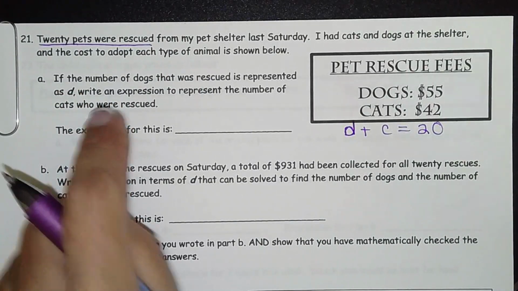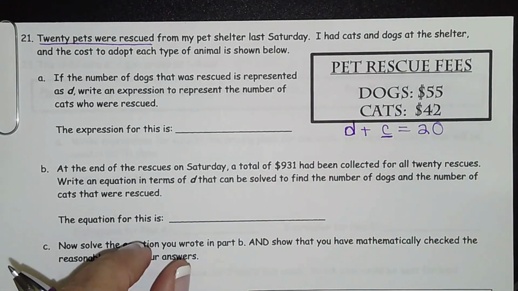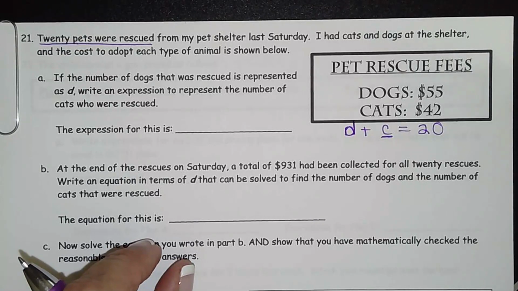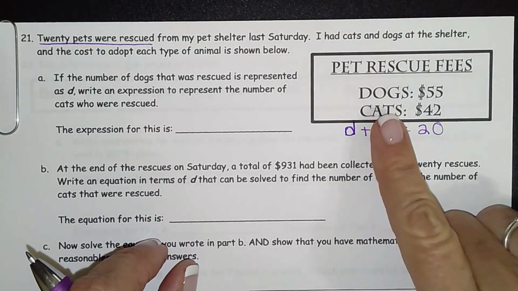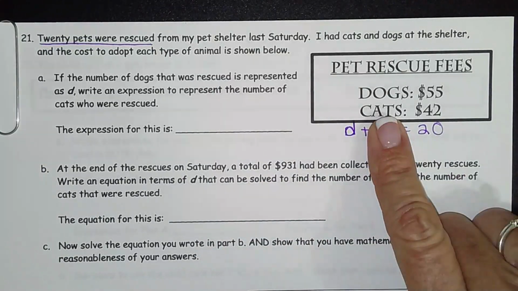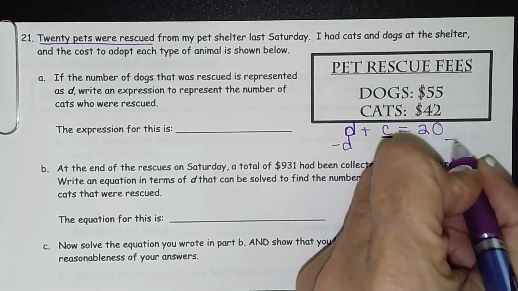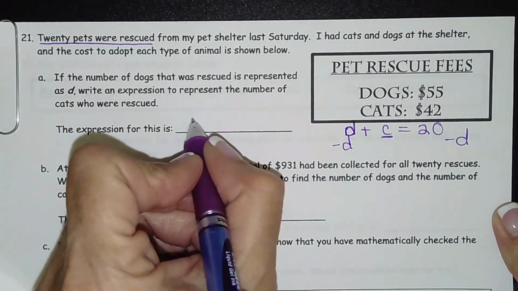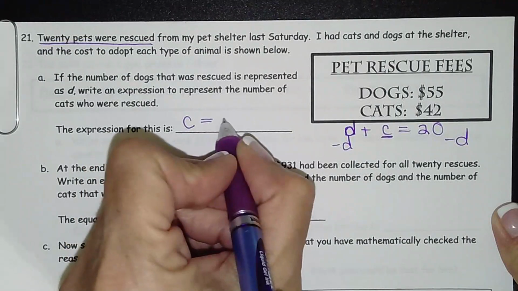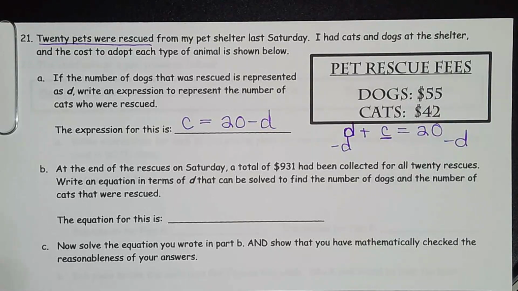To represent cats, in other words, they're asking me to solve for cats. And my answer should have a D in it, which it will. Because when I'm solving for C, I move everything else to the other side. So, subtract D, so I can see cats equals 20 minus D, which we already knew.